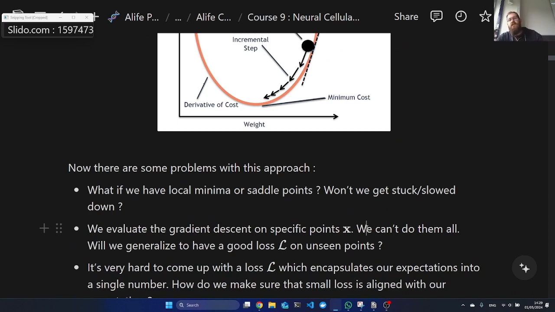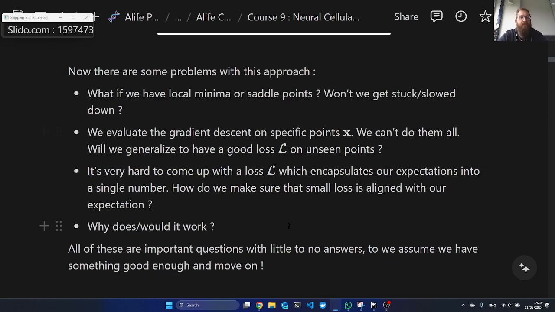Since we are not doing that, why do we expect the parameters that we find to generalize well to other inputs which have not been seen? Nothing in the algorithm tells us that.